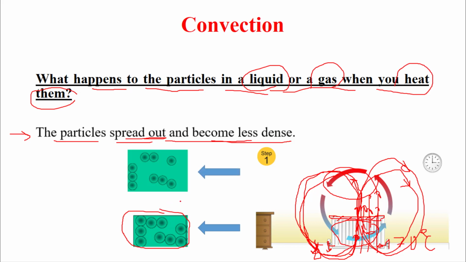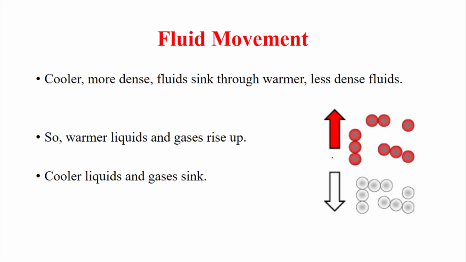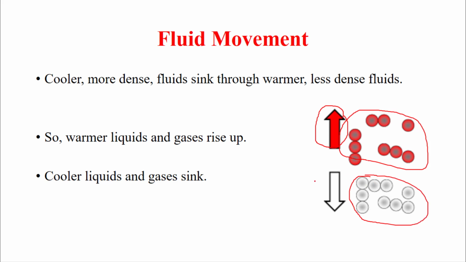Once we heat them up, the distance between particles becomes larger, and it becomes less dense, lighter. When the particles spread out, they become lighter. When the particles become closer, they become denser, heavier. So cooler, more dense fluids sink through warmer, less dense fluid.